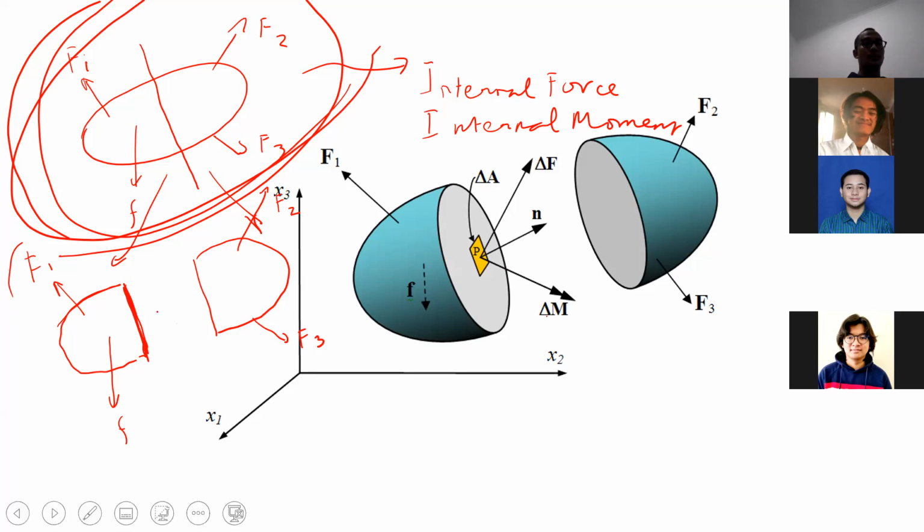What we normally do is we add the internal force there. The internal force that we can add is the normal force, and beside that, the shear force and moment.